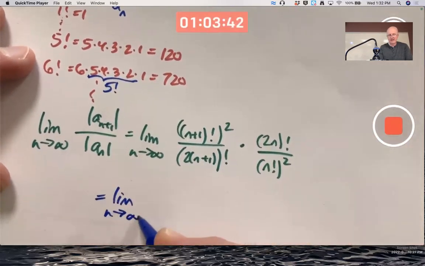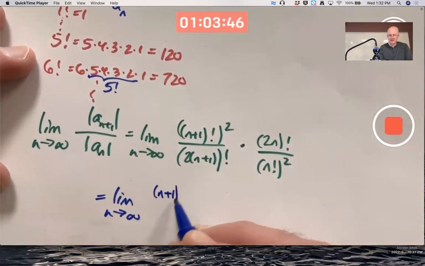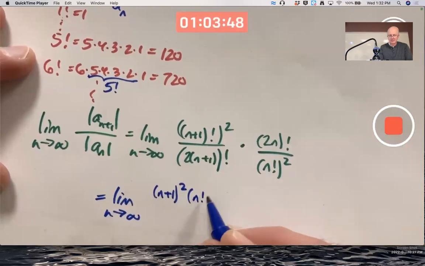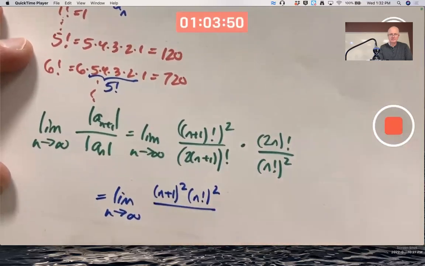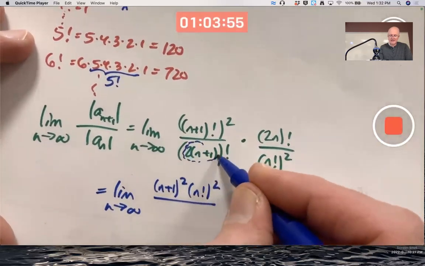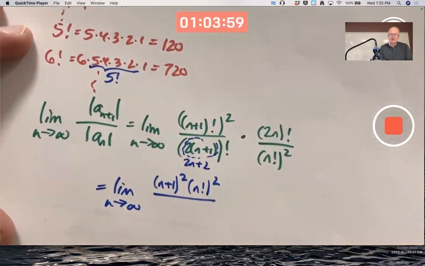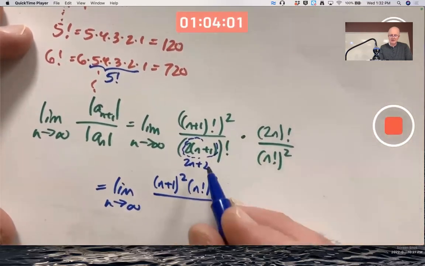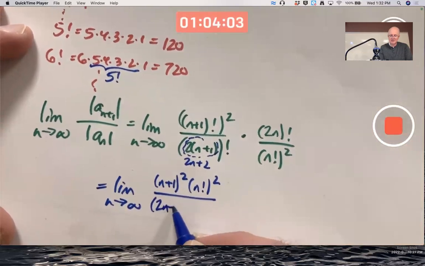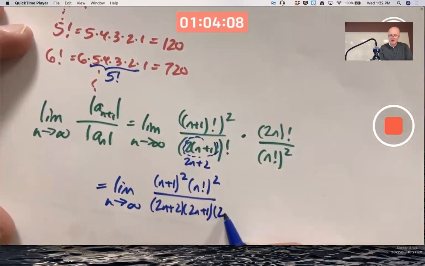I'm also squaring such a product, so I can square each factor. This expression, before I take its factorial, is 2n plus 2. Its factorial is the same as (2n plus 2) times (2n plus 1) times (2n) factorial.